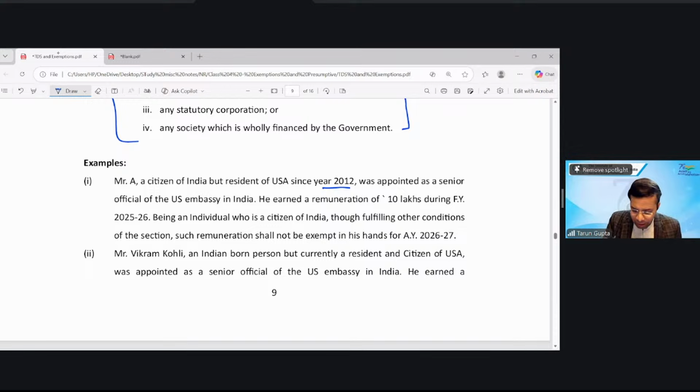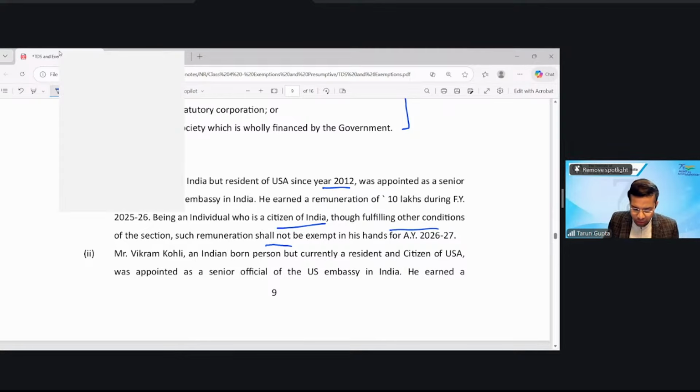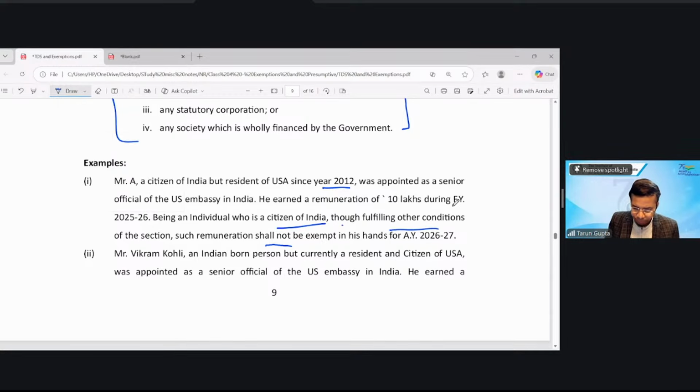He earned a remuneration of 10 lakh during previous year 25-26. Being an individual who is a citizen of India, though fulfilling other conditions of the section, such remuneration shall not be exempt in his hands for AY 26-27. It shall not be exempt only if such a similar exemption is not provided to Indian embassies.